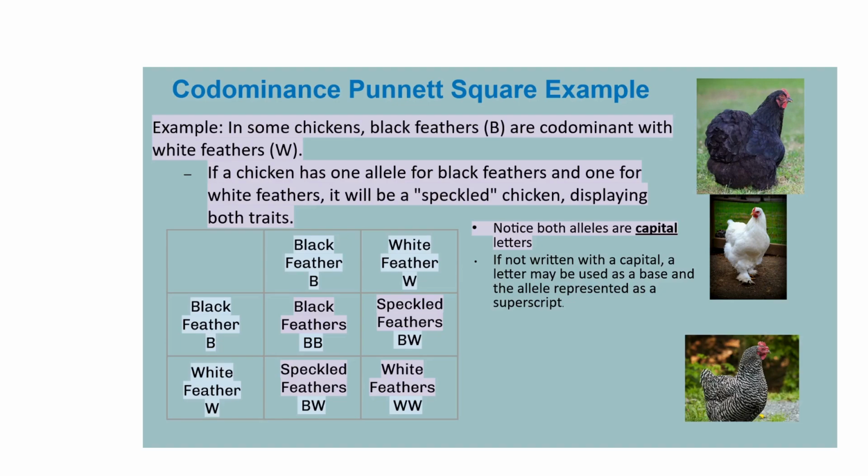Now we're going to look at the phenotypic ratio. We have one black chicken, two speckled chickens, and one white feathered chicken.